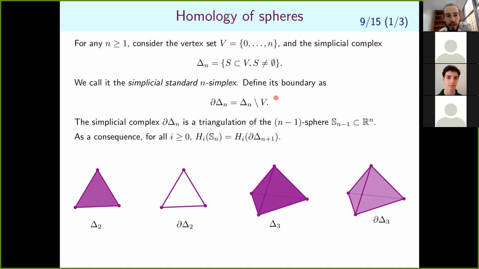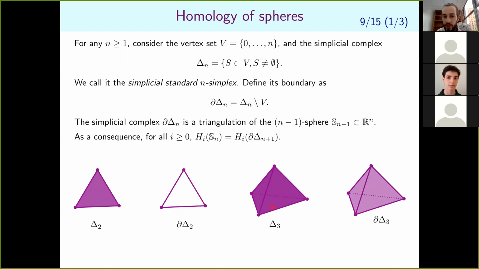Okay. And now I will consider its boundary. Its boundary is defined as the standard simplicial simplex where you remove the maximal simplex, the simplex of dimension n. For instance, the boundary of delta 2 is an empty triangle. Okay.